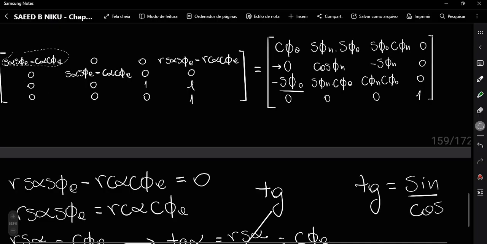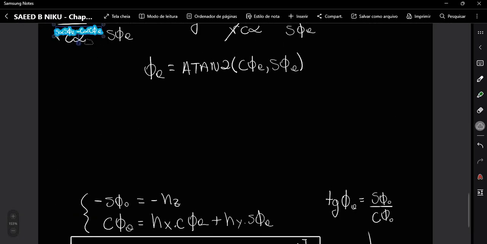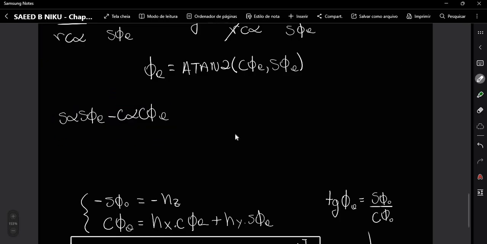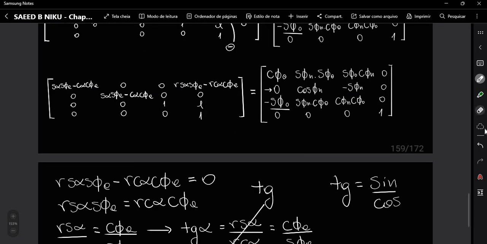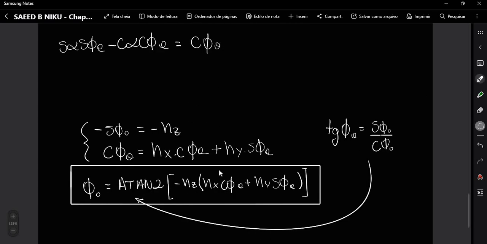We can use this equivalence between this first element and we can say that is equal to cosine of phi O. Cannot forget this comma right here.